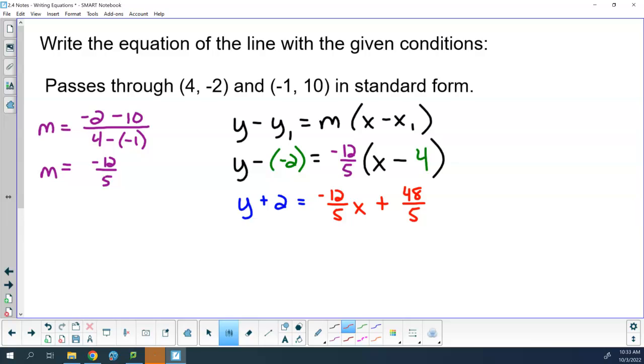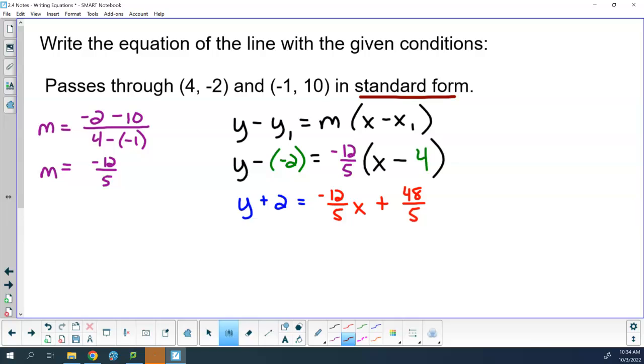We need to be in standard form. What's the kicker about standard form? No fractions or decimals. Do we have fractions? Yeah, so let's get rid of them right here.